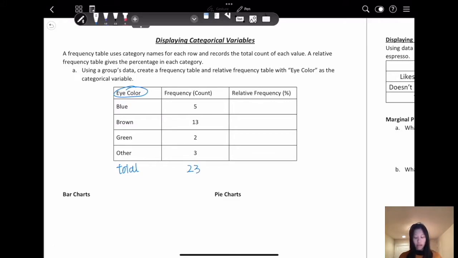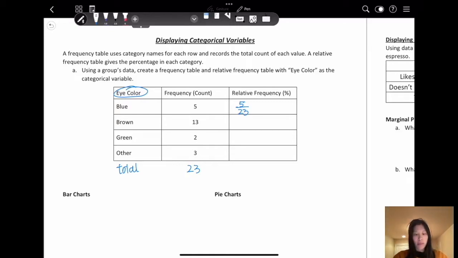So now let's take a look at what relative frequencies are. That means, for the blue eyes, what's the proportion of the group that has blue eyes. So what you would do is take the frequency of blue eyes divided by the total count.